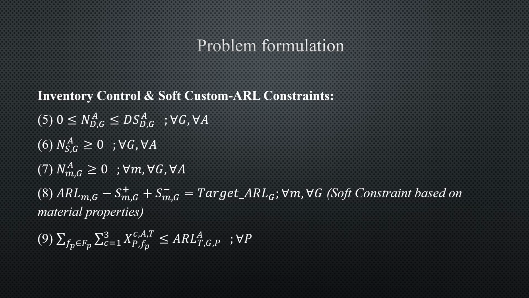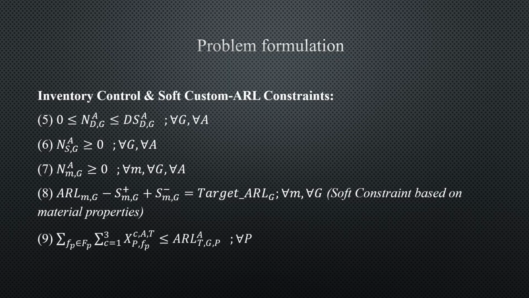On this slide, it is inventory control and customized ARL constraint. Equation number 5, slow-moving stock availability constraint. It shows the total number of slow-moving ARL bars of length A and grade G utilized must not exceed the existing inventory quantity available in the warehouse.